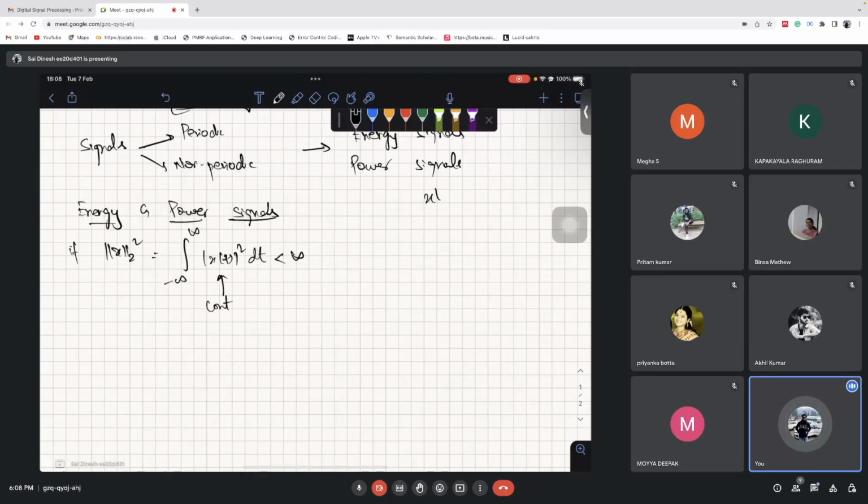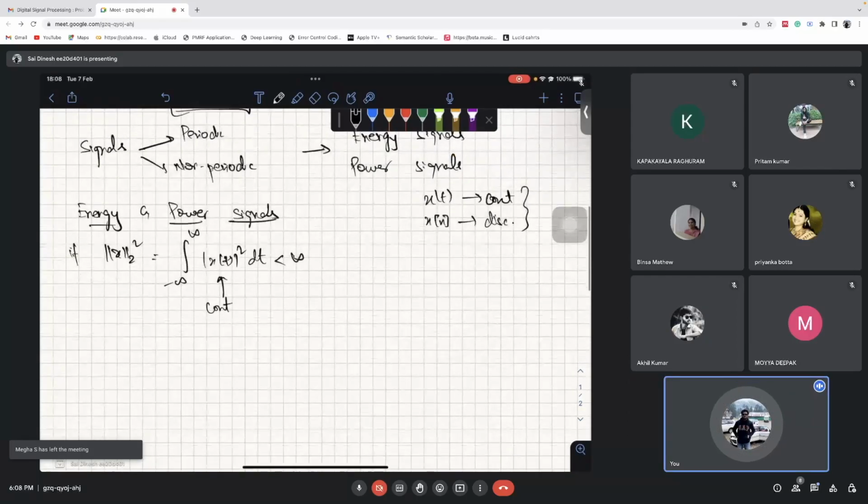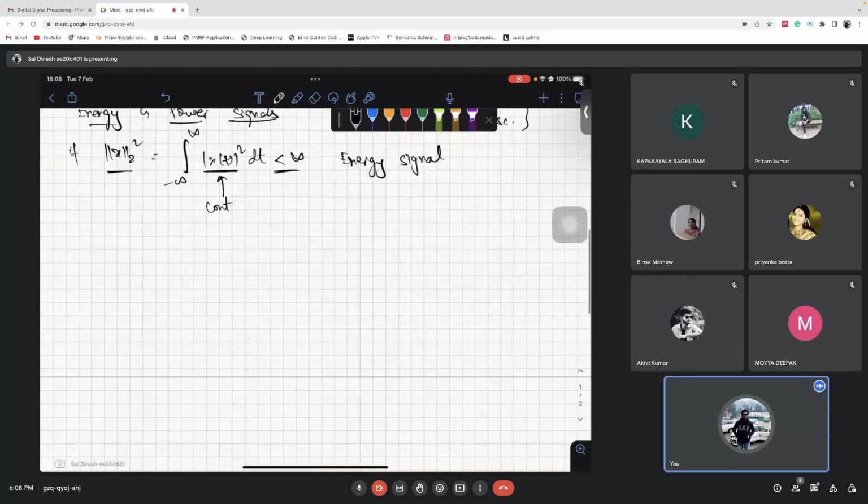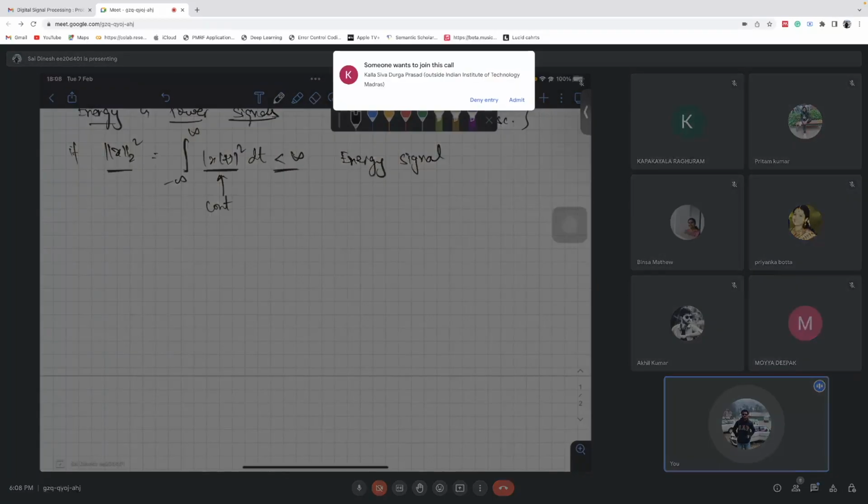If I am writing it as x(t), it is continuous, and if I am writing it as x(n), it is discrete. This is the notation that I'll be using, right? So if this energy, the sum of the square terms integrated over all time, is finite, then it is an energy signal. Basically all I'm saying is that if the energy of a signal is finite, it is called an energy signal, right?